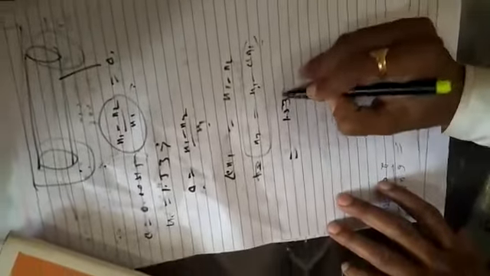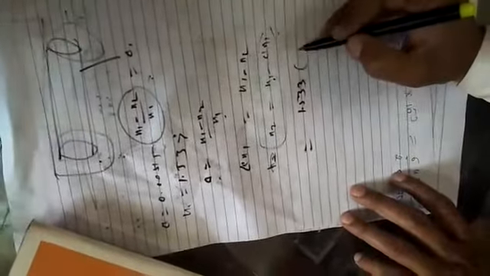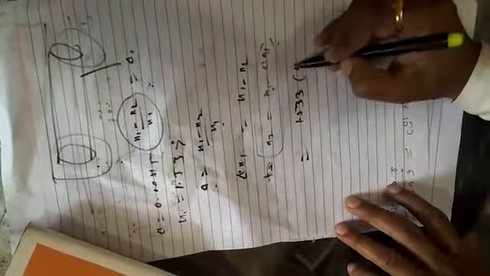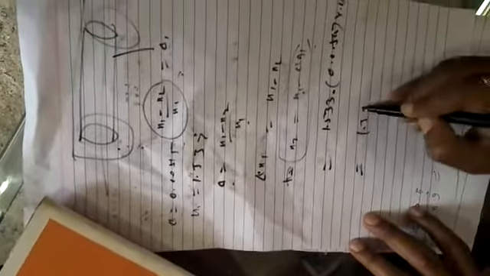Substitute the values. n1 is equal to 1.53 and delta is 0.00515, multiplied by the n1 value. Sorry, this is minus, and you will get the value 1.525. This is the cladding. So in this way you have to calculate.